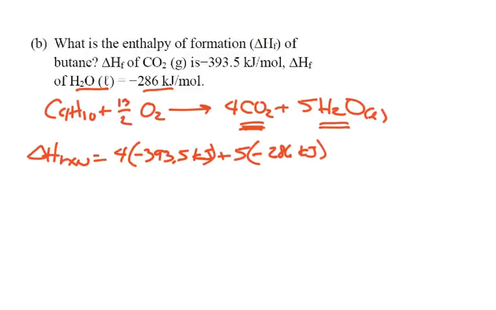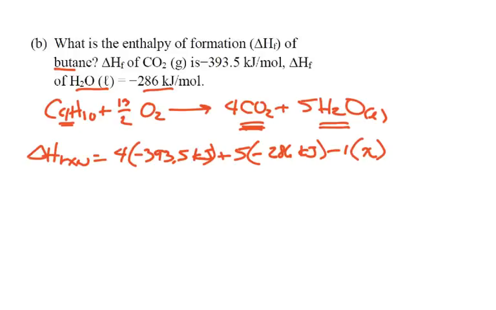And then I'm not going to form my butane, I'm actually tearing apart my butane. So I'm going to say minus the delta H formation of butane. Now that's the number I don't know.